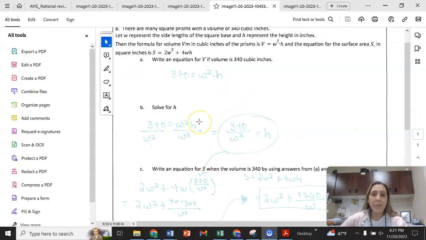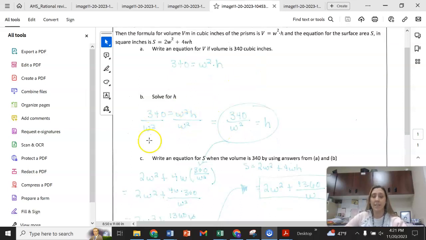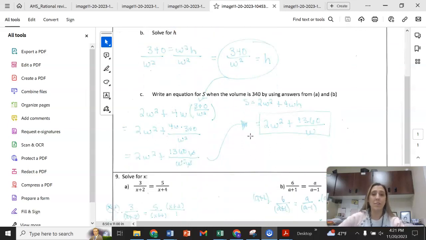So I went ahead and set everything up. I knew the volume was 340 cubic inches, so I replaced that right there. Then I solved for H. I knew I needed to divide both sides by W squared to get the H by itself, and I did. Then I used substitution. I knew what H was, so that's why I have this arrow right here.